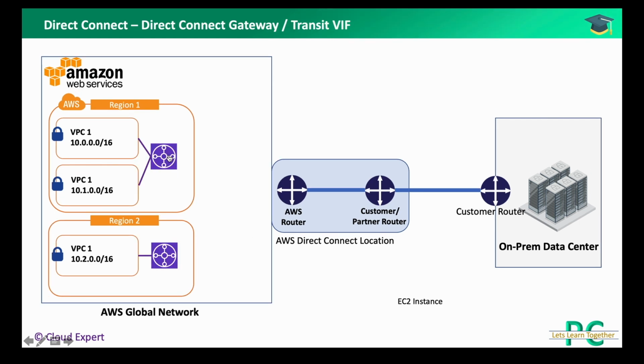So let's say you have two regions. In one region you can place a transit gateway and connect n number of VPCs. That will connect in a hub and spoke model and it will really simplify your network topology. Now you can create peering between two different transit gateways in two regions.